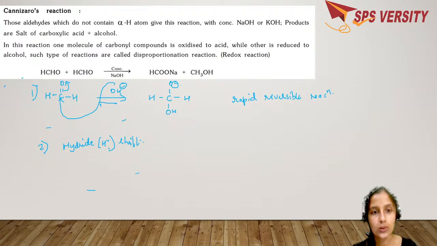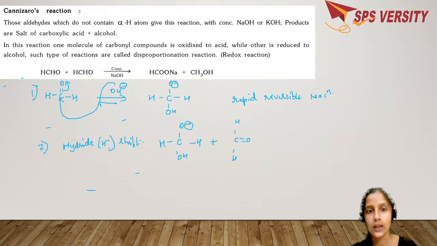If you take this one, starting from the same compound, CO minus and H and OH, now if you take one more molecule of aldehyde, that's CHO, then the hydride shifts, this bond shifts here. So the entire bond goes with this and this attacks this carbon.